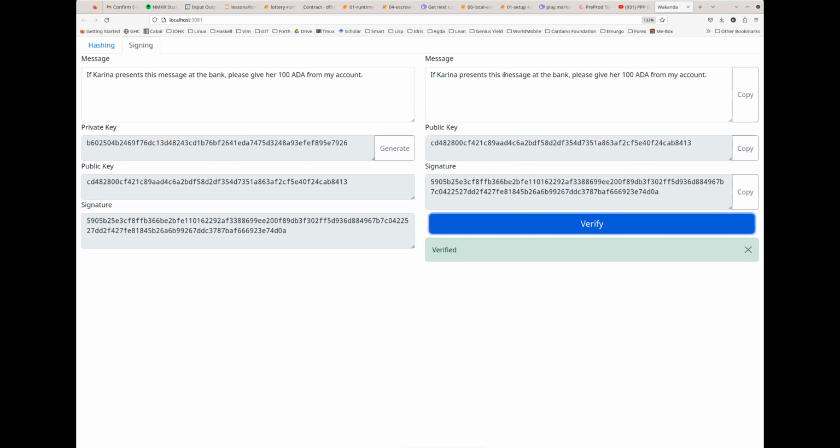Now, there are certain properties that these digital signatures must have. With a real world signature, if you sign something by hand, your signature always looks more or less the same.